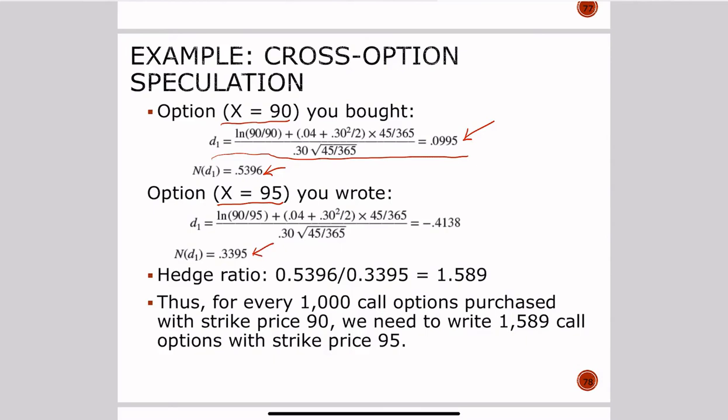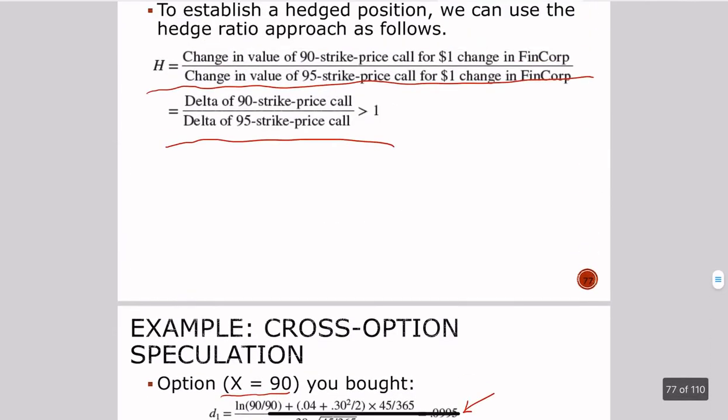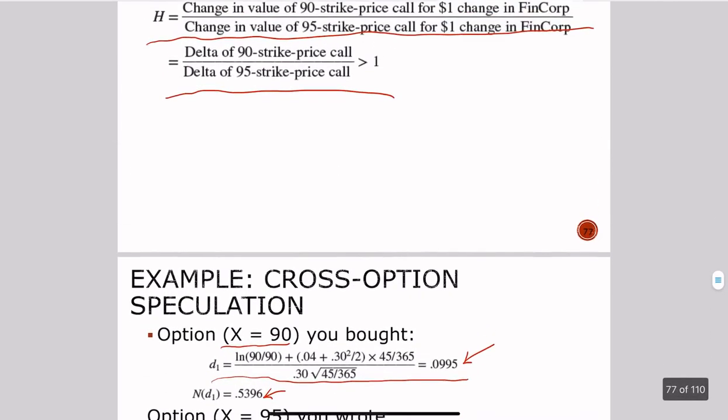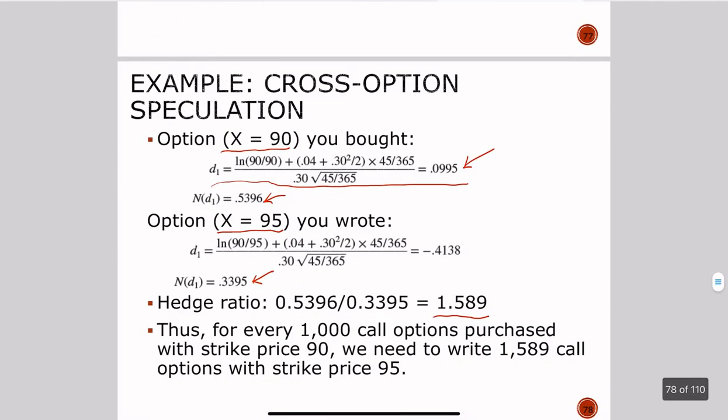Now, the hedge ratio is defined as the first option's delta divided by the second option's delta. So it's 1.589. So what does this mean? It basically means if the second option's price increases by 1, then the first option's price will increase by 1.589.